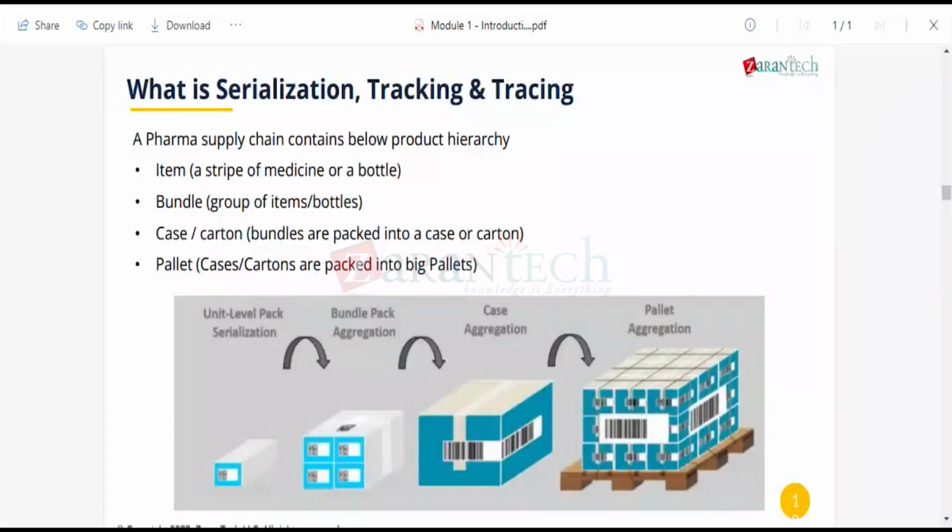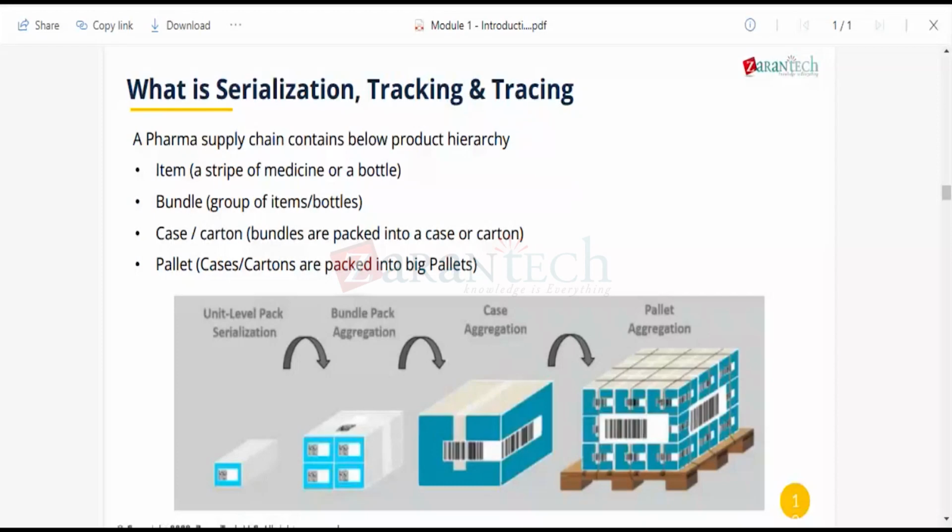Many other industries use the same kind of hierarchy, but in pharma we generally see item, bundle, case, pallet. Sometimes items are packed directly into a case. When we say item, keep in mind it's a strip of medicine, or one bottle, say cough syrup or Covaxin bottle.